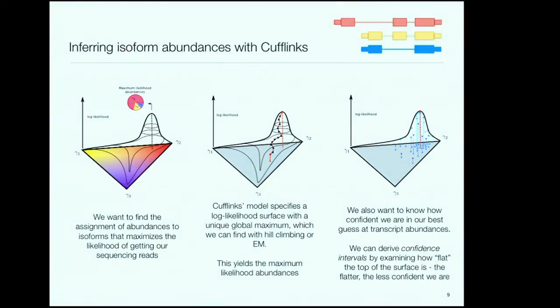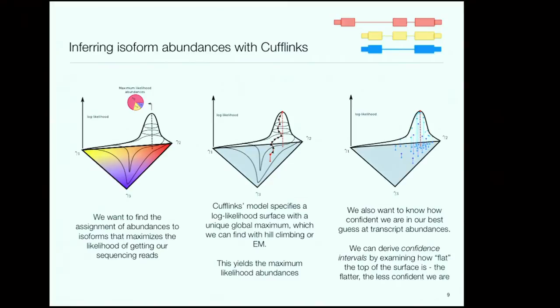So the algorithm takes that model and searches the space of all possible assignments of abundances to transcripts, and looks for the abundance assignment that maximizes the likelihood of getting the reads you actually got in your real experiment. So what it's producing is a best guess, in the statistical sense, for how abundant each transcript is. And we're going to see in a second why this is important.